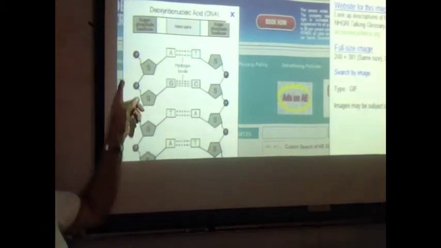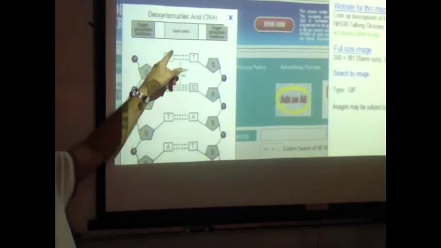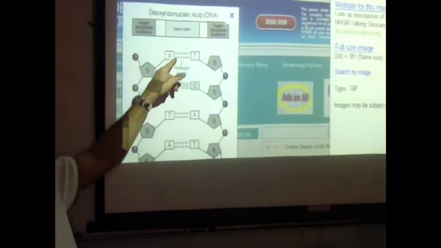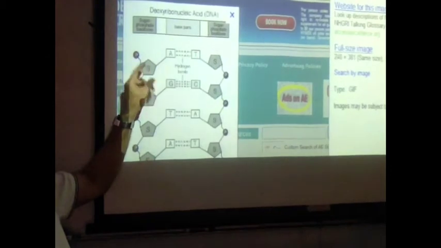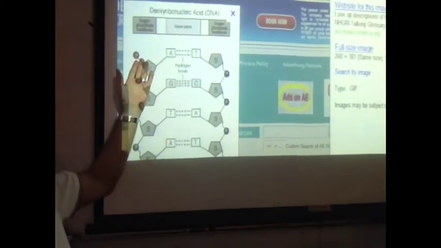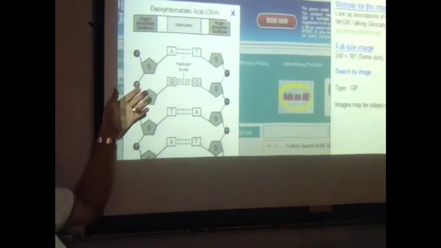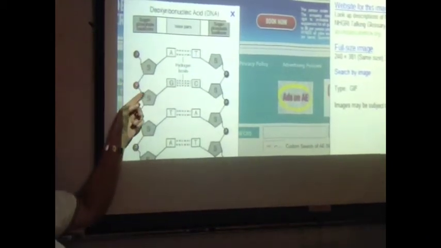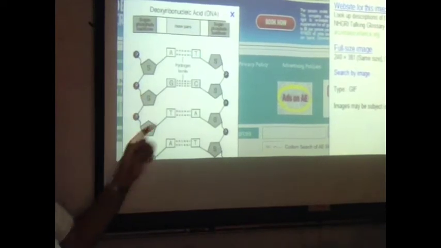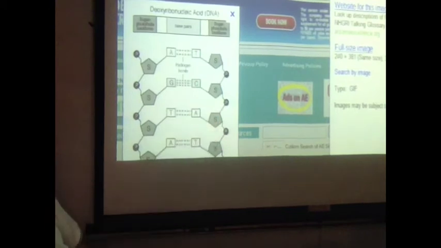And each DNA molecule has this repeating unit right here. Three parts. There's a phosphate and a sugar on the outside that makes up part of the outside rail, and it stays consistent. Phosphate, sugar, phosphate, sugar, phosphate, sugar. And on the other side, phosphate, sugar, phosphate, sugar, phosphate, sugar.